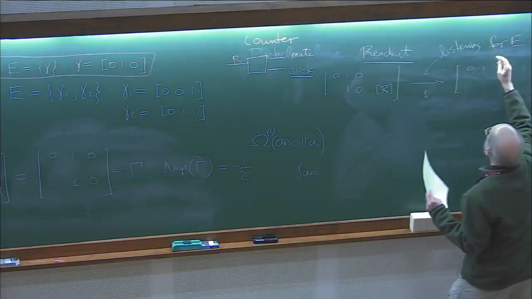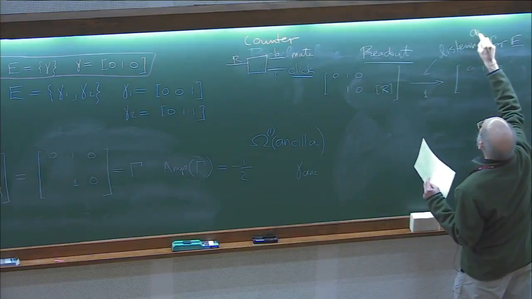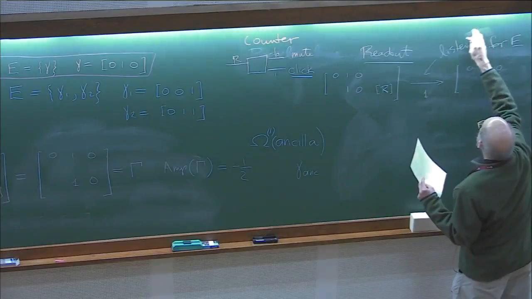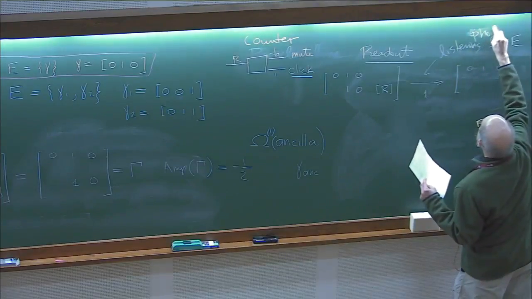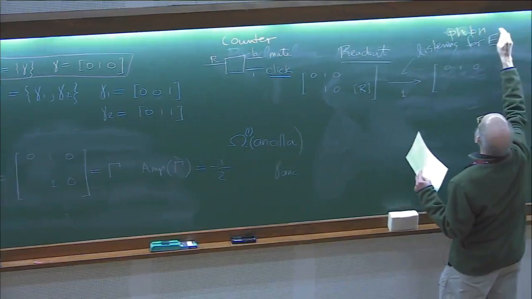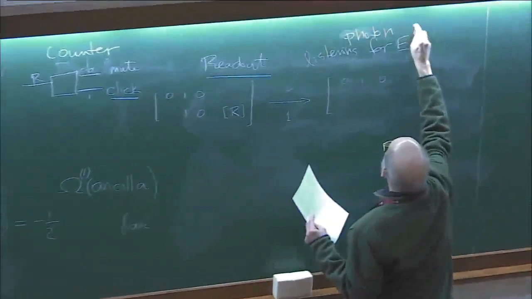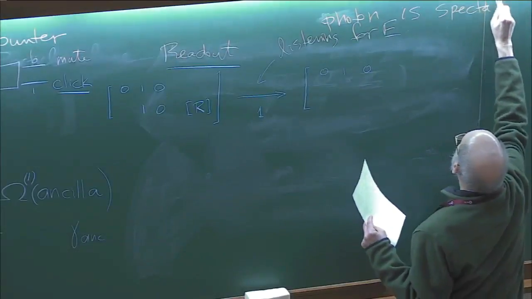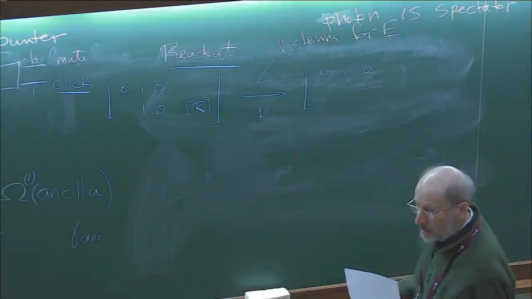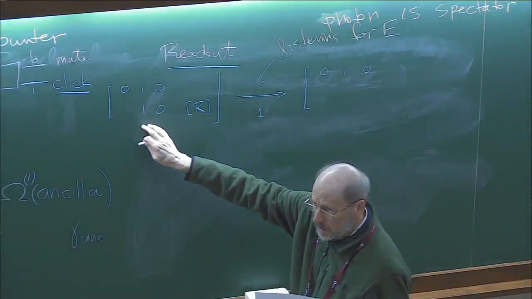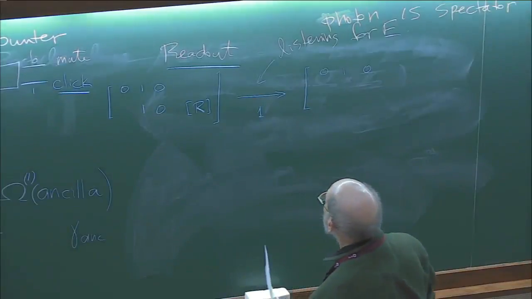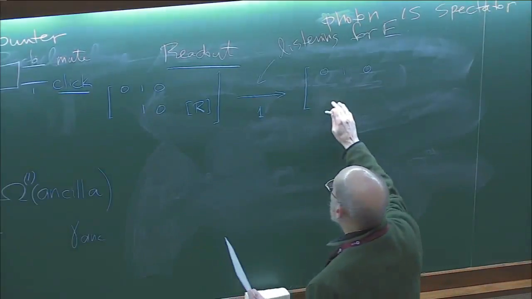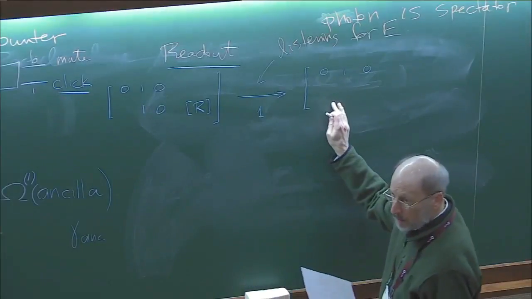And I should say again, it should be emphasized, that the photon is a spectator. This stage involves only the ancillas among themselves. So the ancillas have remembered what the history was, and now they just ask themselves, was it in the event E or was it not?